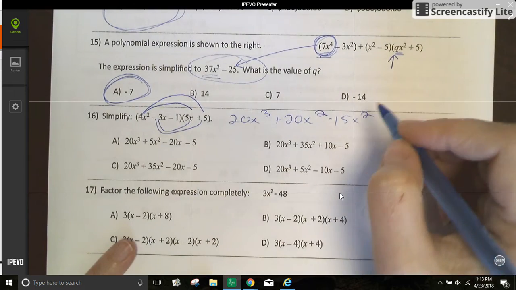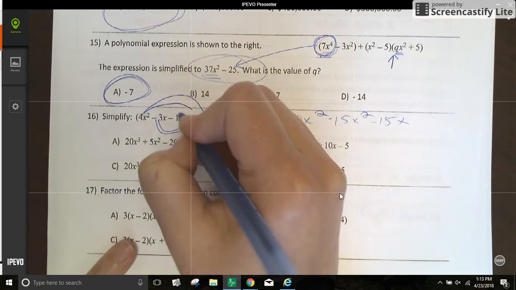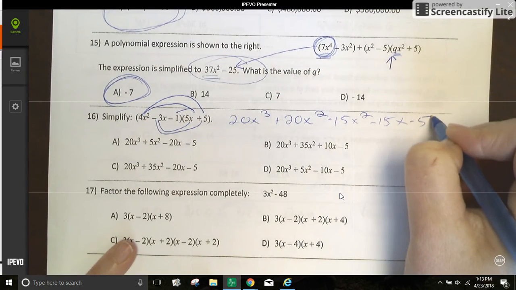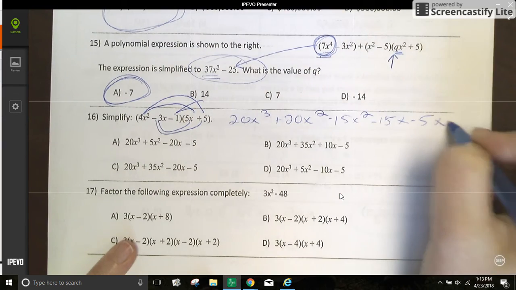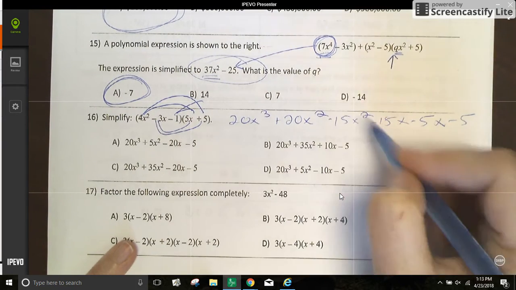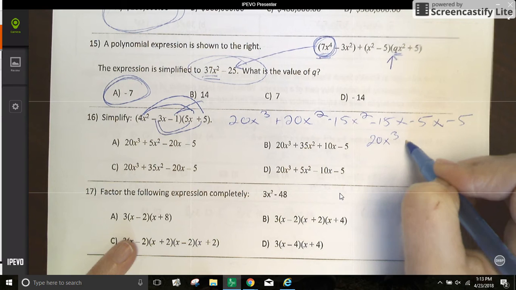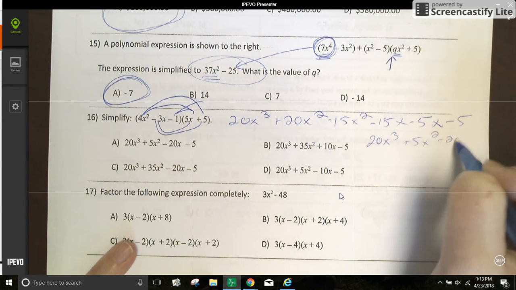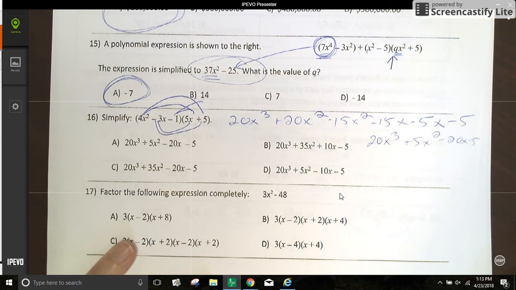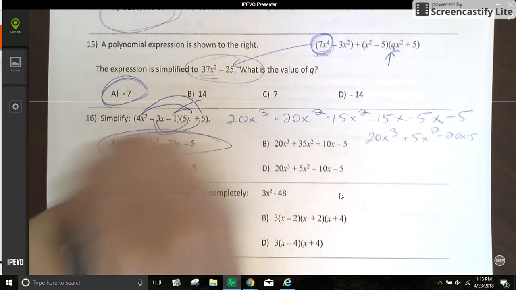Negative 3x times 5 is negative 15x. Negative 5x, negative 5. Then put your like terms together. You should get A.